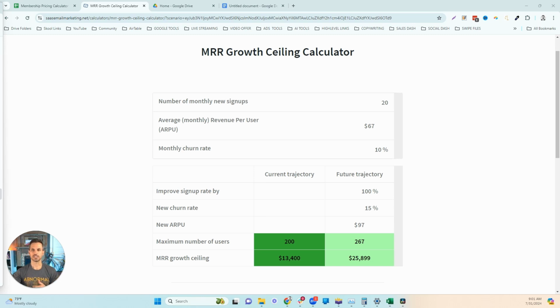So once you've reached that ceiling, there are a few levers that you can actually pull to grow your revenue again. You can either bring in more members, you can reduce your churn rate, or you can raise your prices. So Sam Ovens, who's the owner of Skool, an online community platform, recently mentioned that the average churn rate across all Skool communities is around 20%. So he said that 30% or higher is bad and 10% or lower is pretty good.